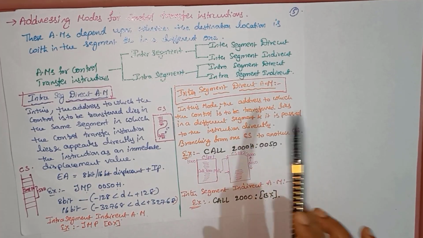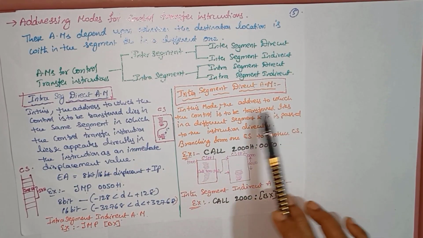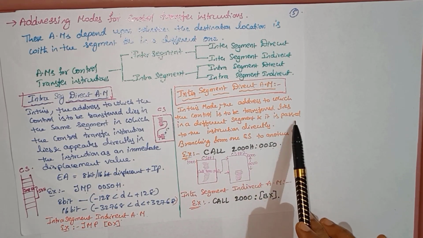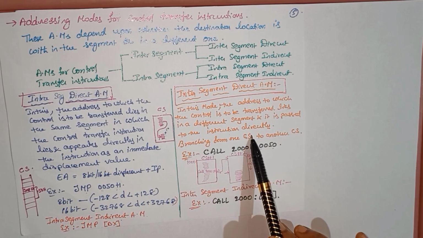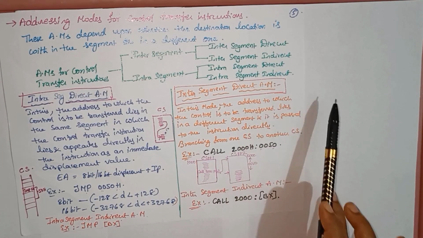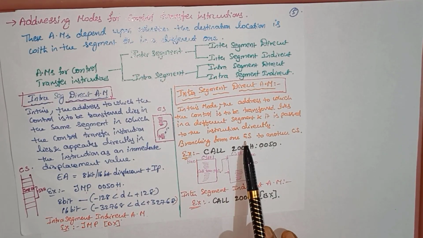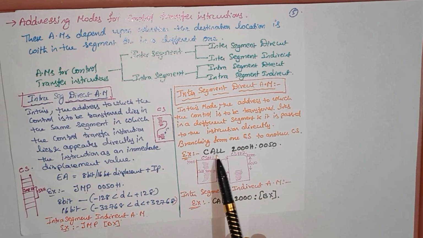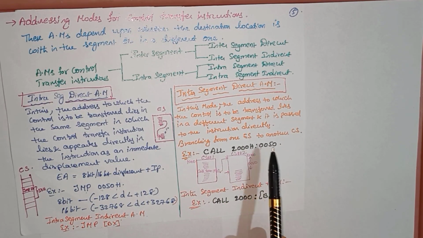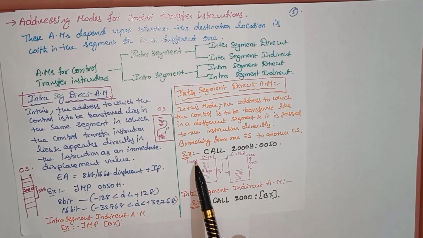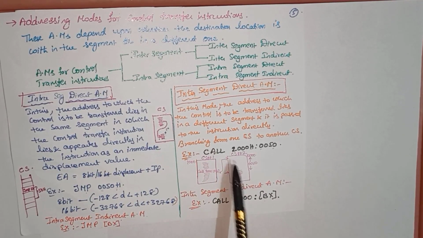Inter segment: in this mode, the address to which the control is to be transferred lies in a different segment and it is passed to the instruction directly or indirectly. That means we can say branching from one code segment to another code segment. This example is for direct addressing mode. In case of intersegment, this is one code segment and this is another code segment.